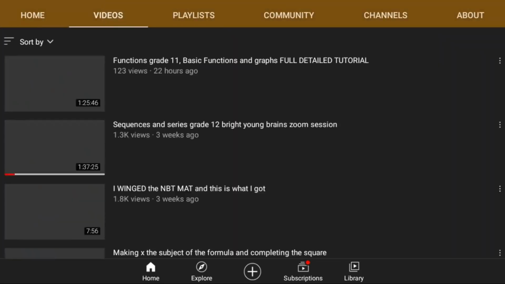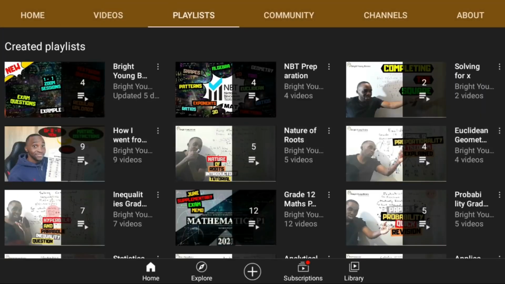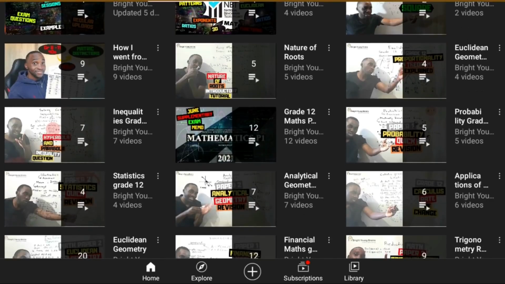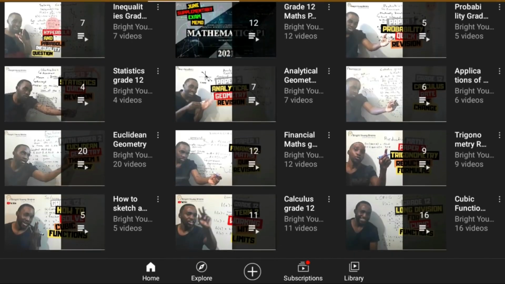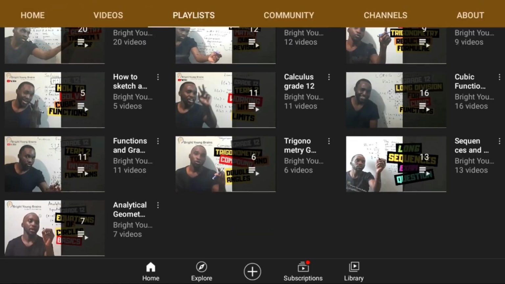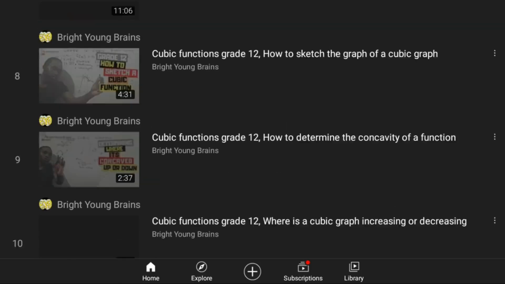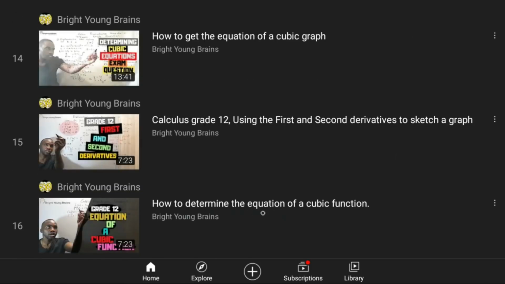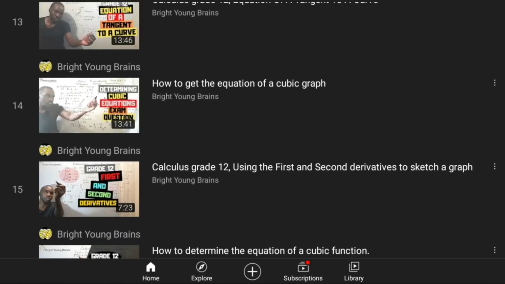So if you check in the playlists, probably under the cubic functions playlist, the cubic functions, grade 12. If I scroll down here, you see determine the equation of a cubic function using the first derivatives.